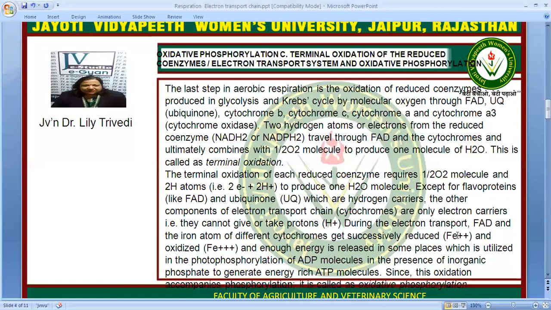Now except for flavoproteins like FAD and ubiquinone, which are hydrogen carriers, there are other components of electron transport chain, that is the cytochromes, and they are only electron carriers. They cannot give or take protons, and during the electron transport, the FAD and the iron atoms of different cytochromes successively get reduced and oxidized, and energy is released in some places, which is utilized in the phosphorylation of ADP molecules further.